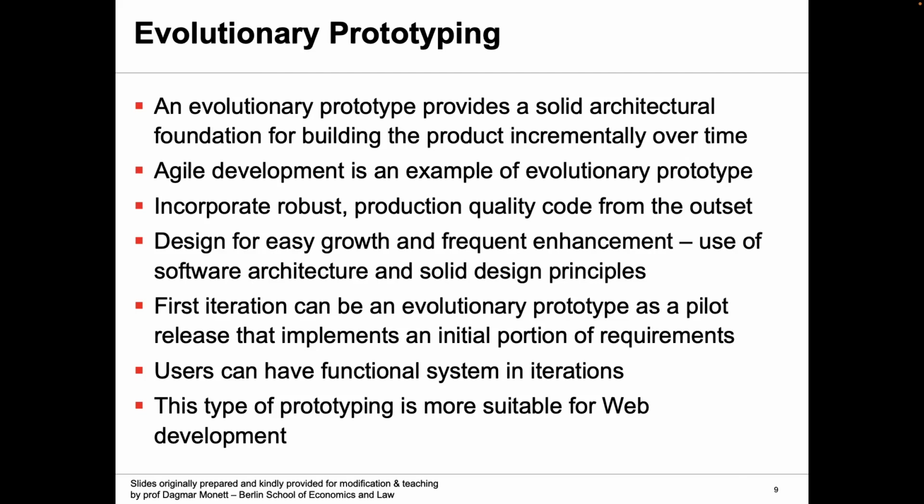So that meant that, look, we are still working on it. We are continuously developing it using evolutionary prototyping. And this is just an initial version of it, and we are going to build on top of it. Okay, so EP, evolutionary prototyping, can also be used in the first iteration and the first release of your product.